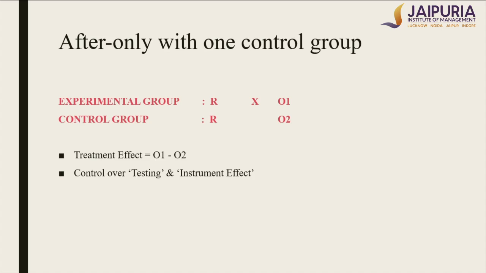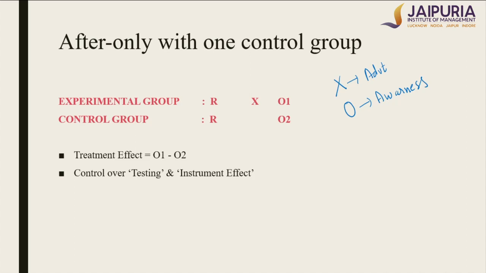For example, this X is any advertisement, and we are interested to see the effectiveness of this advertisement on awareness of the brand or awareness of the product. So this advertisement is our treatment, awareness is our output variable.